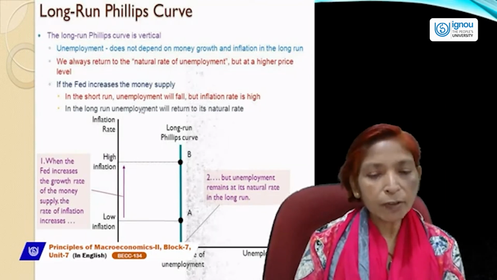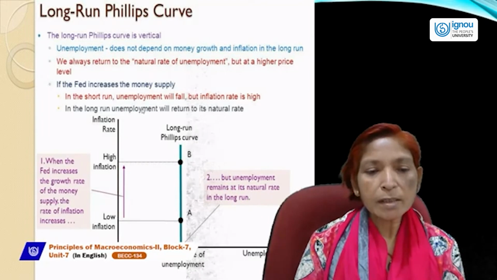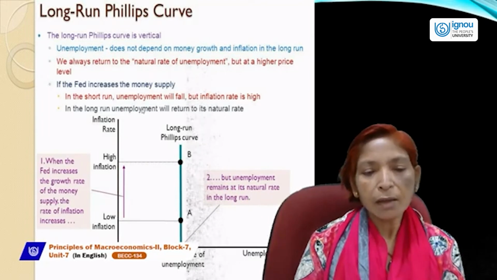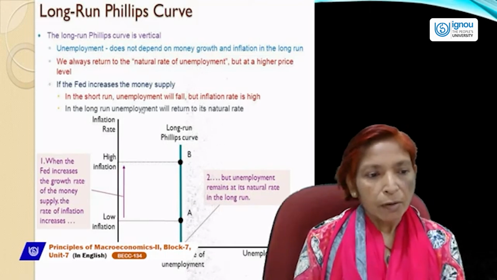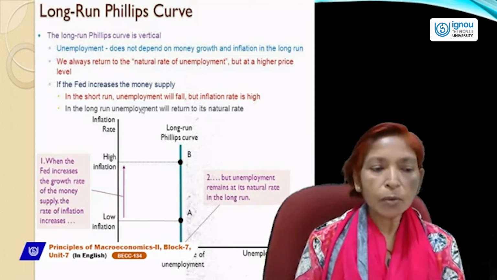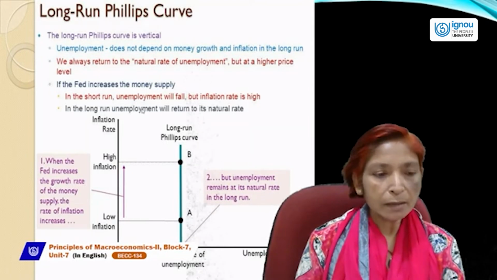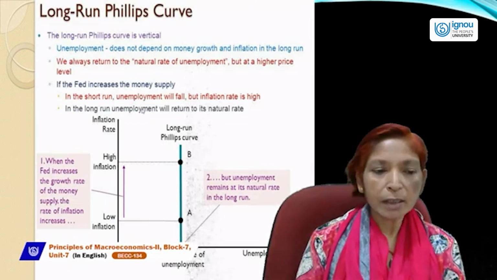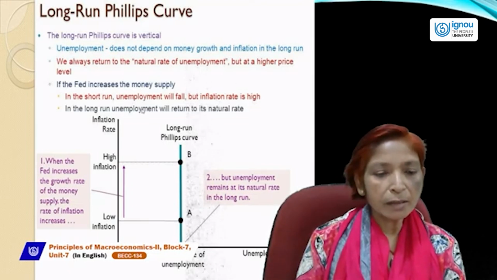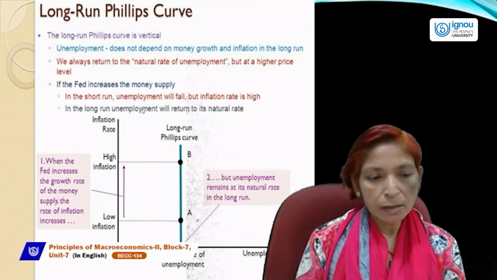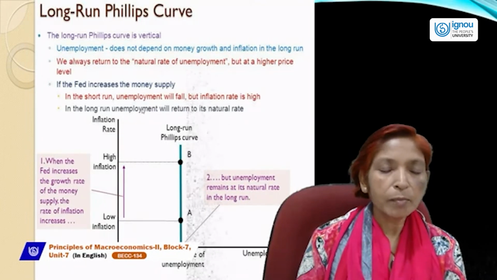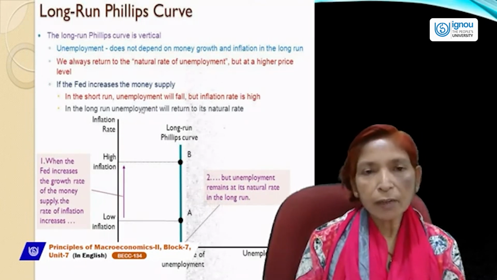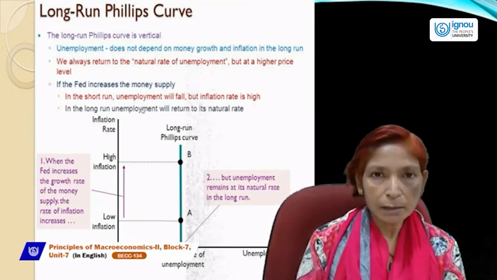So the long run Phillips curve will always be a vertical line, parallel to the y-axis. When the Fed increases the growth rate of the money supply, the rate of inflation increases. Here at point A, we are showing that the inflation rate is lower, but at point B, the inflation rate is higher.